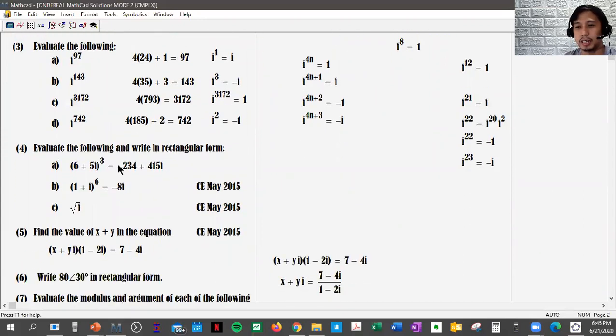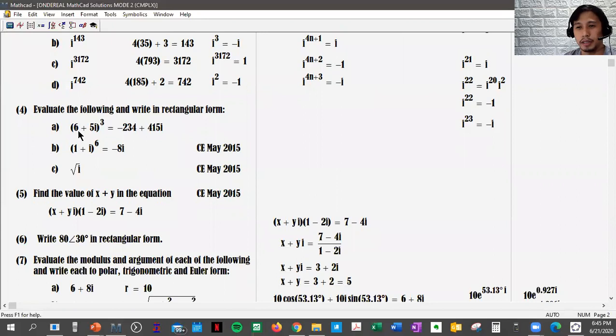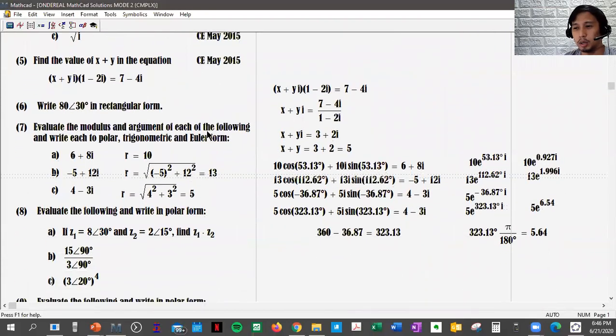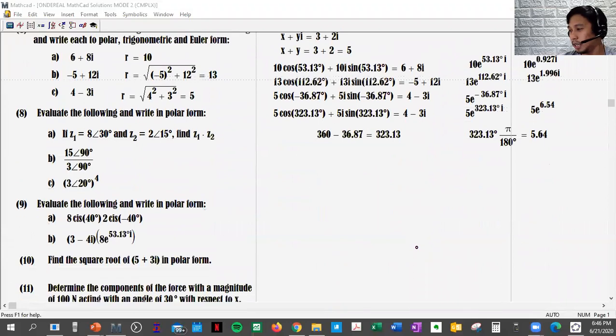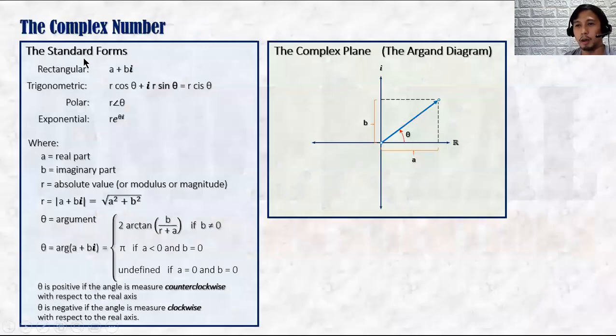We also discussed how to evaluate the complex number a plus bi raised to a big number using the Canon calculator. And we also discussed the basics of the complex number, the standard form, the trigonometric form, the polar, exponential, the real part, imaginary part, the argument, and also the complex plane.